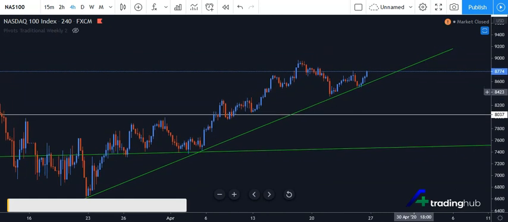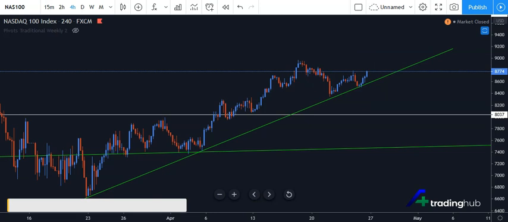Okay, alright, so this is Nasdaq. Short term bullish. You can see price bouncing off this trend line. The trend line is perfectly respected, and around here you see the bullish impulse coming in.